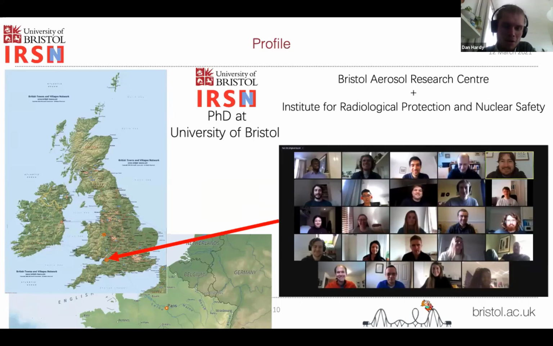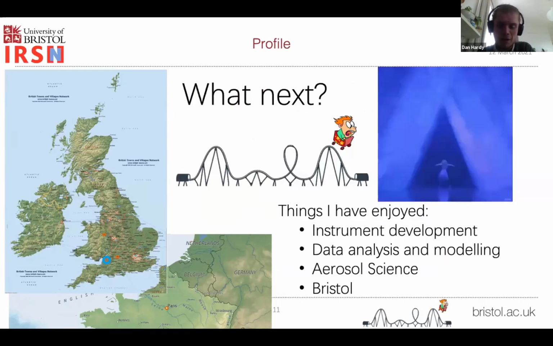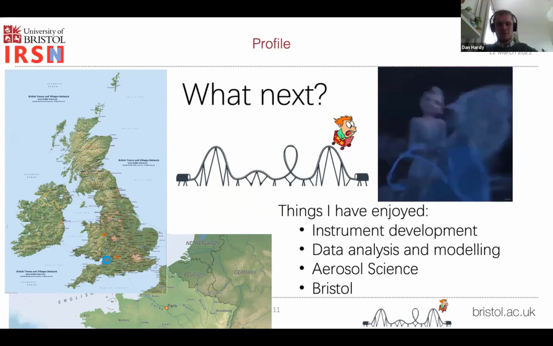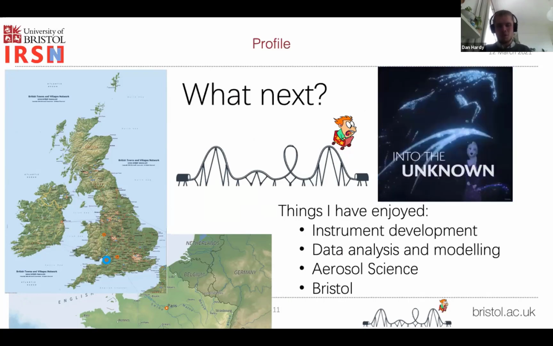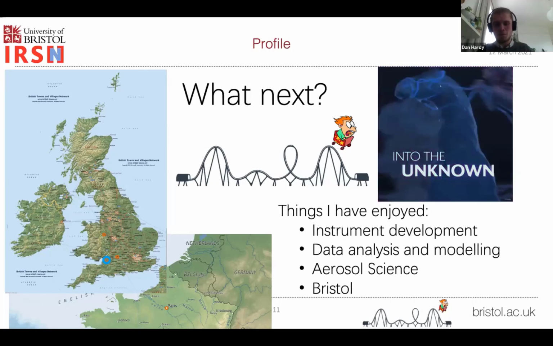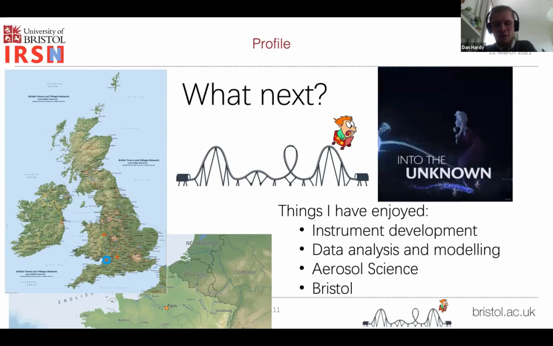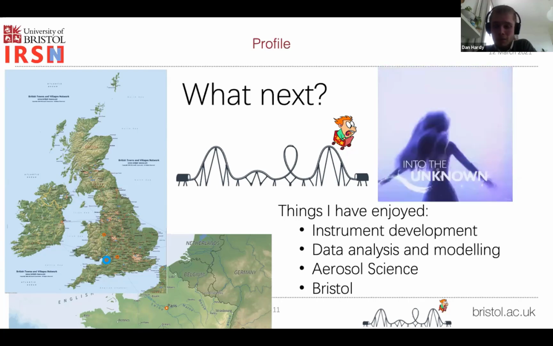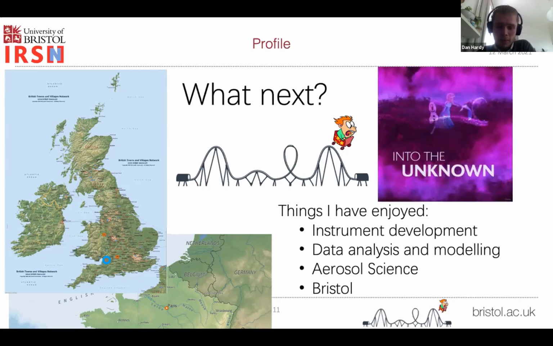I'm in my third year, so getting quite late into the PhD and wondering about what to do next. I'm still in that position as I was maybe when I was 16, not knowing what I want to do, but I want to carry on doing things I enjoy. From my PhD, I've really enjoyed the instrumental development, which I'll talk a little bit about.